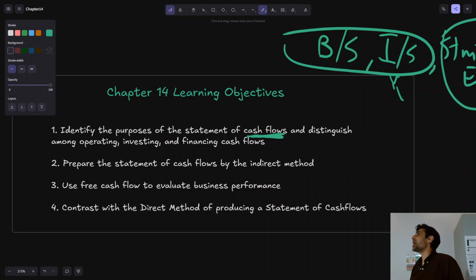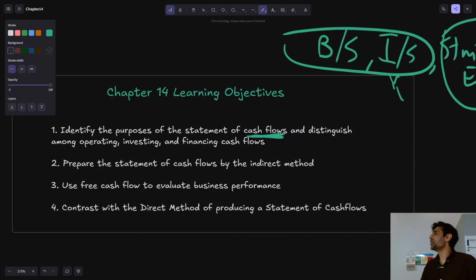What do many small businesses usually do? Yeah, Mahan. Exactly. Remember we had accrual-based accounting and cash-based accounting, right?